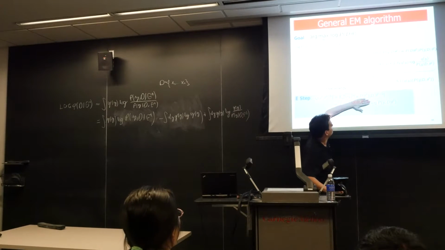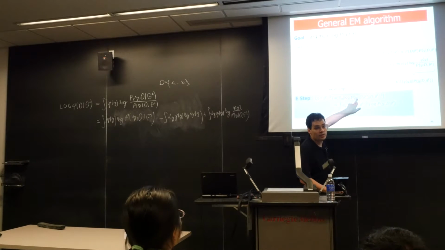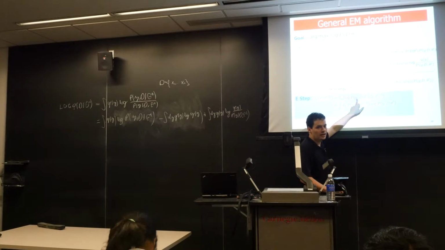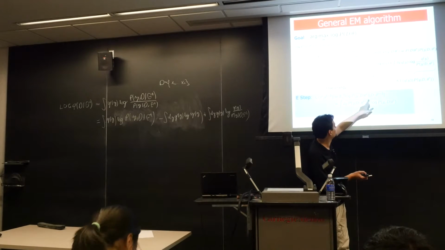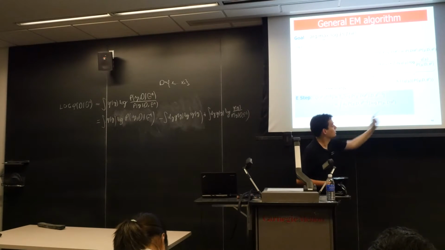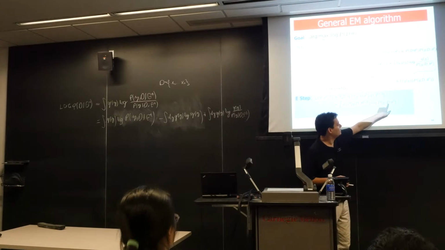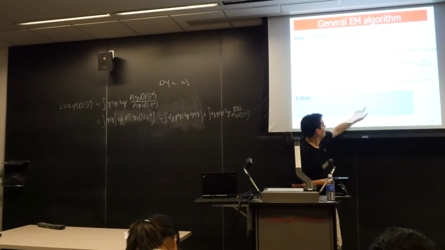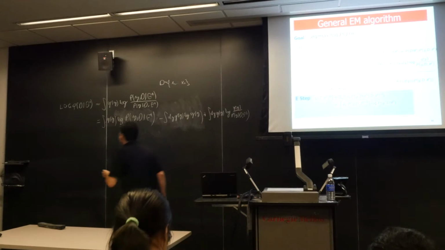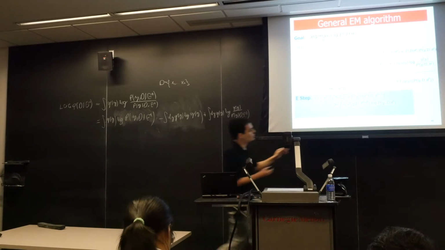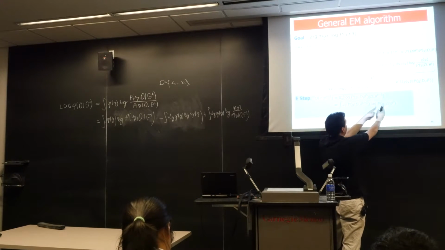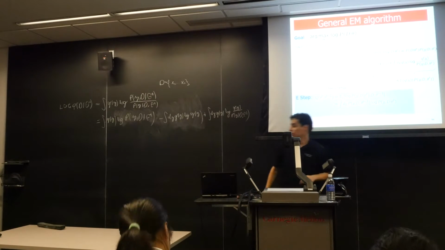In other words, you have this log joint distribution, and you take the expectation of this with respect to y, and the distribution of that y is just that posterior distribution that depends on the data and the parameter theta t minus 1.